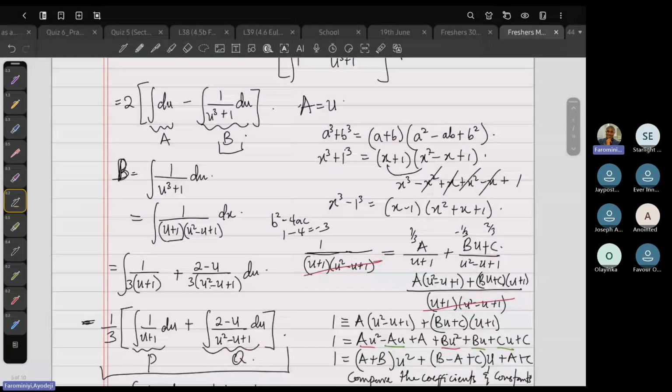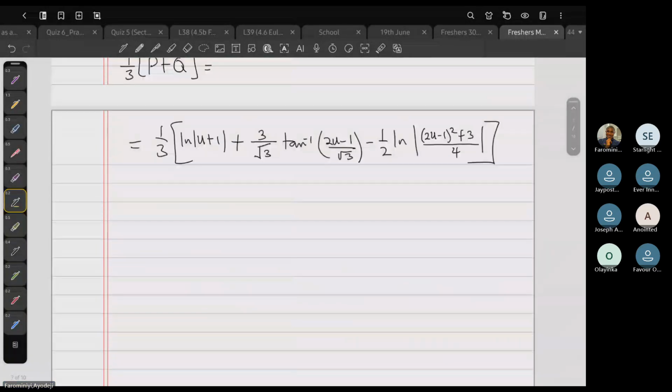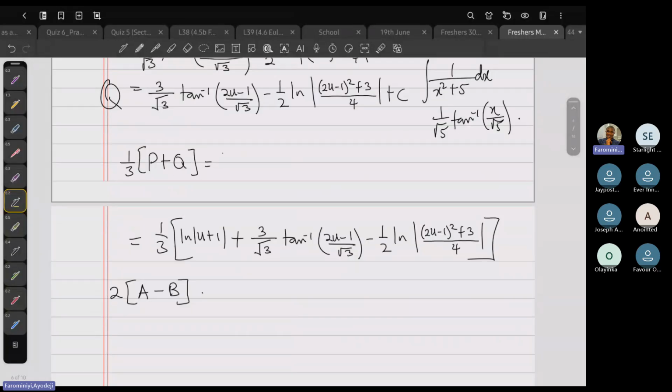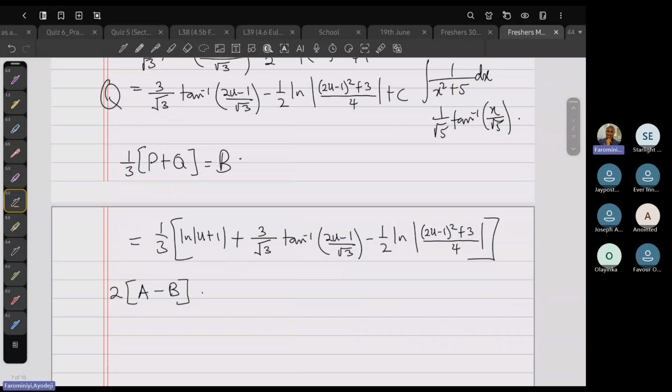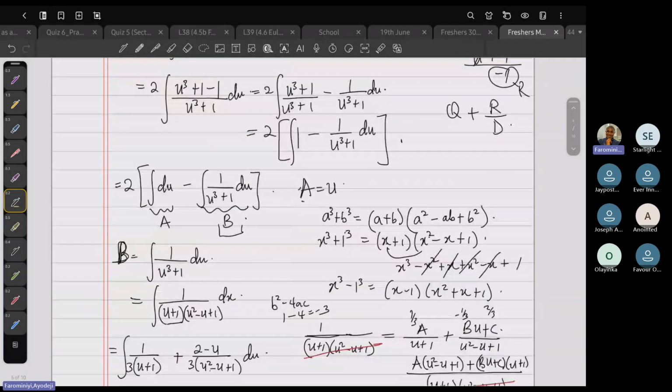So we still have 2 times A minus B. So this is B. And what is A? A is just U. A is the integral of du.